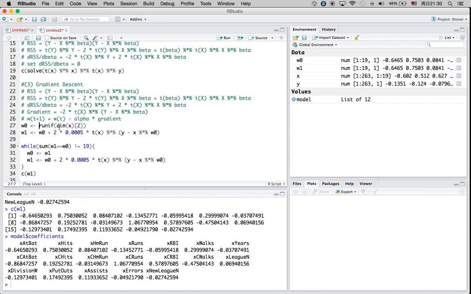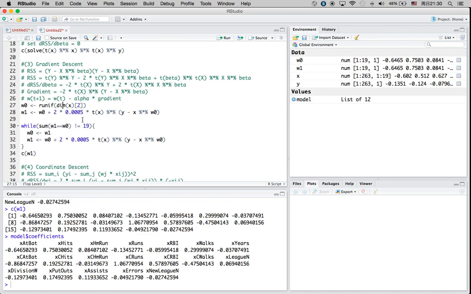And if you get a very bad starting point, you might not end up in or close to the minimum solution. So those are two drawbacks for this technique.